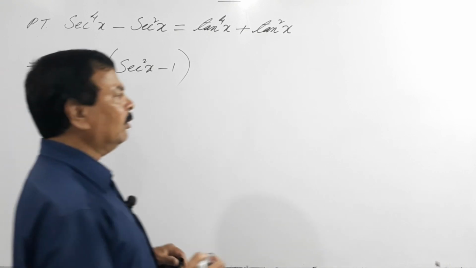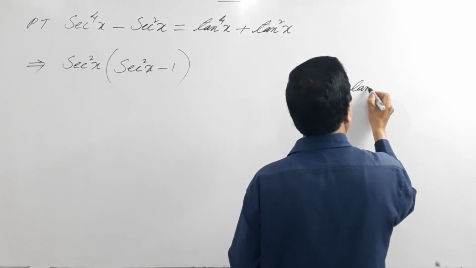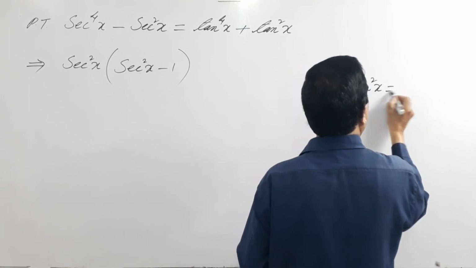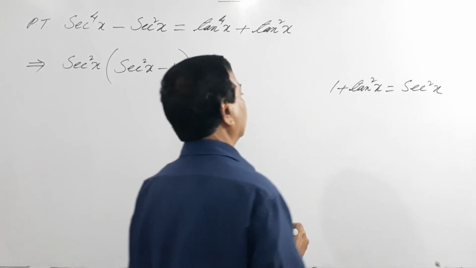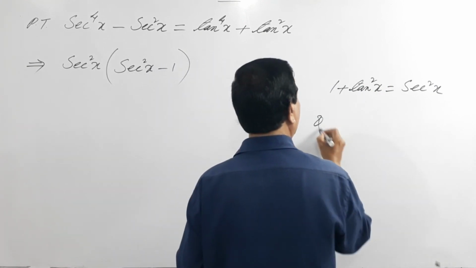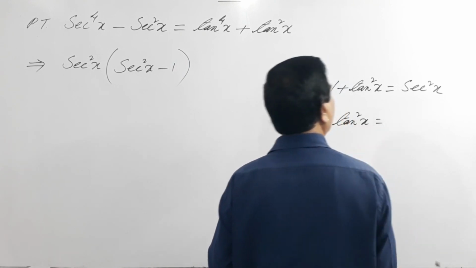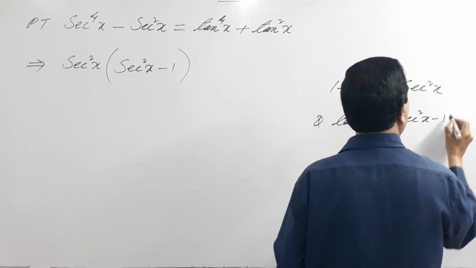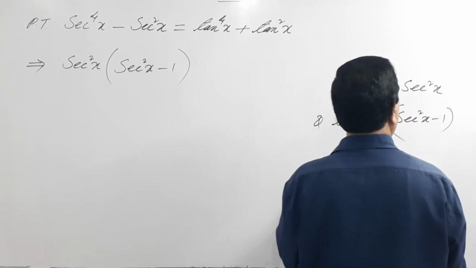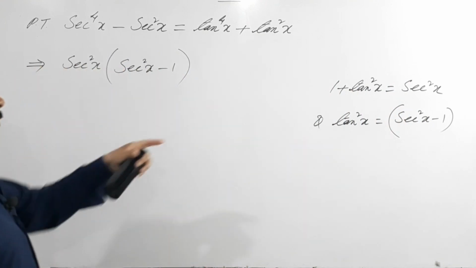Now we know that 1 plus tan square x equals secant square x, and tan square x equals secant square x minus 1. Done. So I'll make use of both the formulas here.